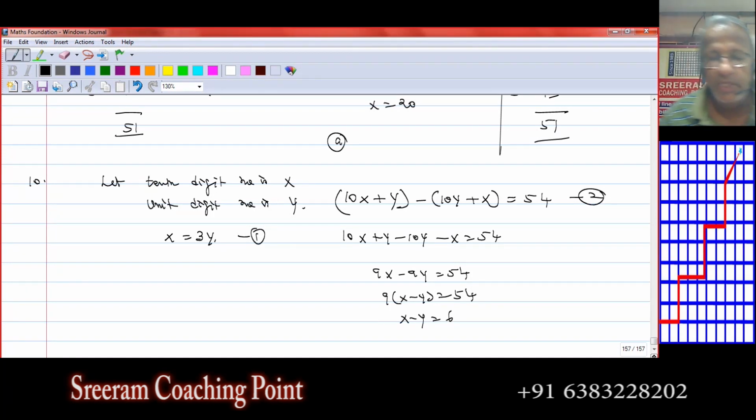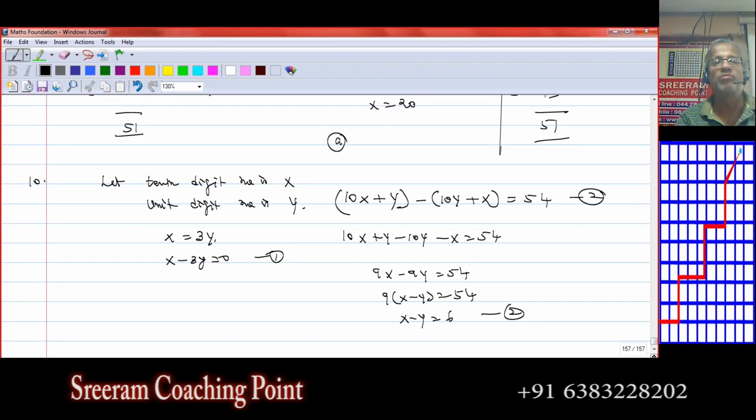Now this we can take as equation number 2. This is number 1. Even this can also be taken as X minus 3Y equal to 0. This is equation number 1.